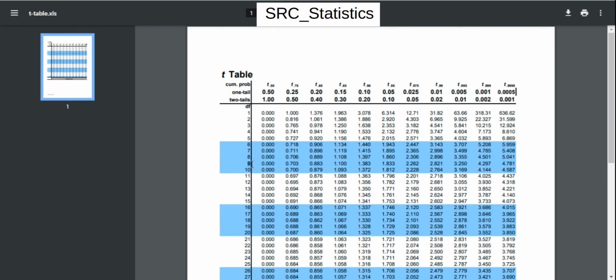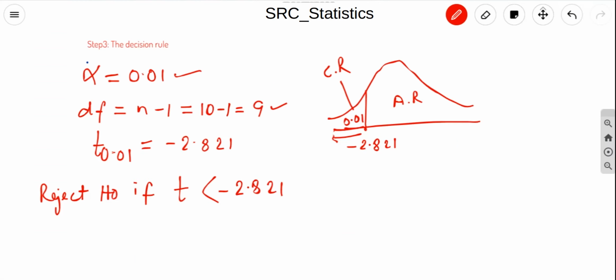So this is the row for degrees of freedom 9 and this is the column for alpha equal to 0.01. The intersecting cell for DF 9 and alpha equal to 0.01 is 2.821. Since it is a left tail test, the critical value is taken as negative 2.821.